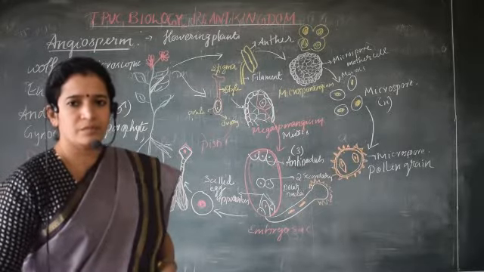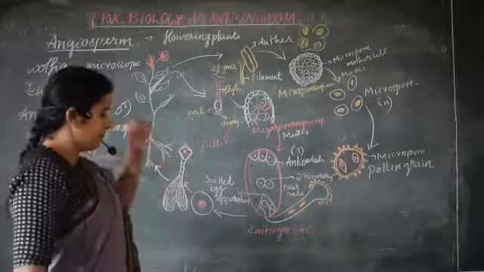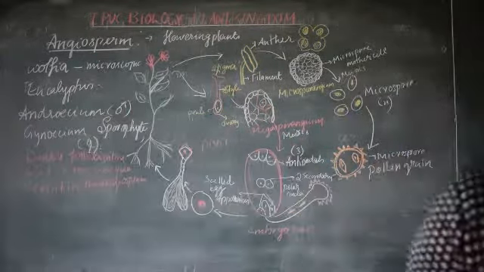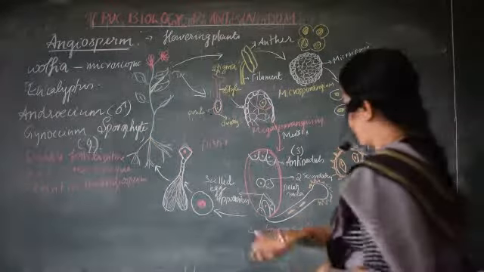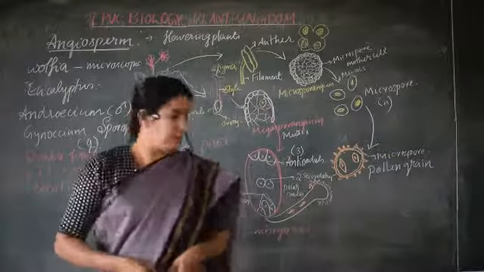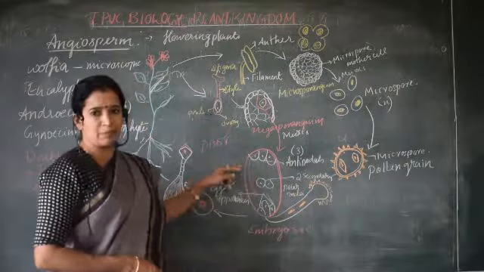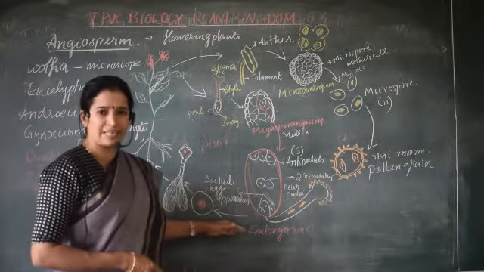Once the pollen grains are released, they get deposited on the stigma. Okay, so we will learn about the fertilization process.